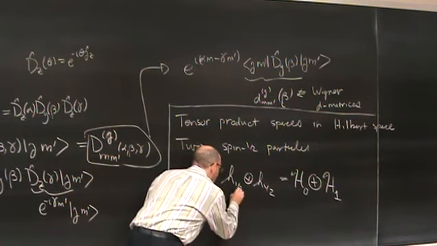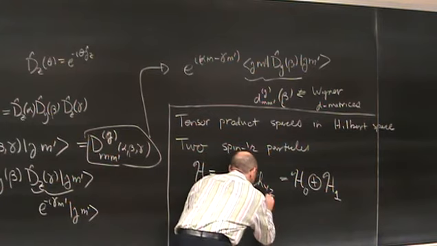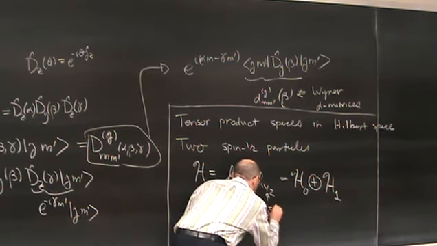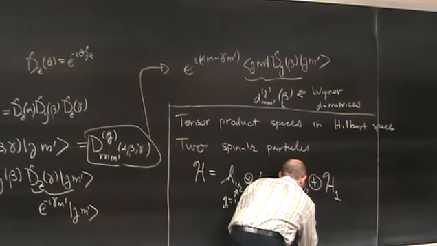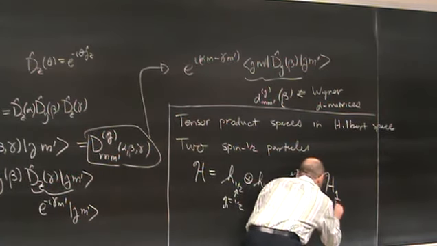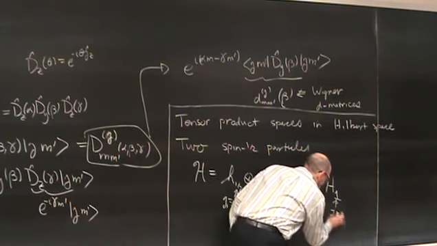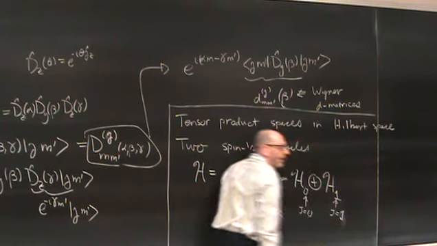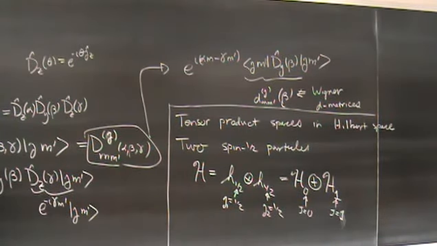So in this case, J1 is a half, J2 is a half, and this is the total J, which can be either 0 or 1 by the rules of the addition of angular momentum, right?